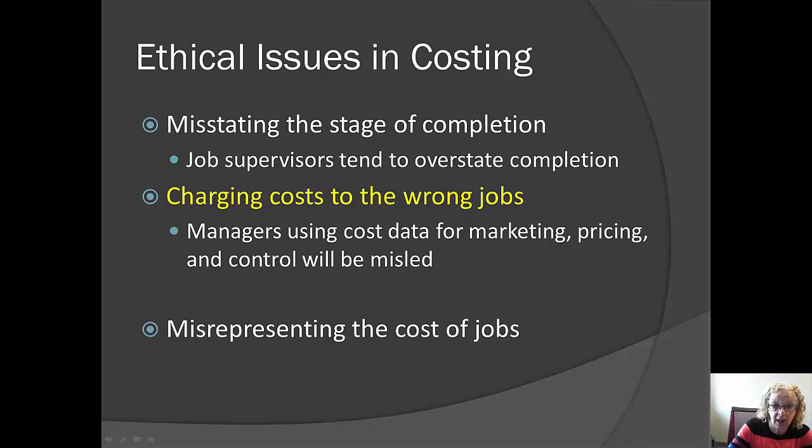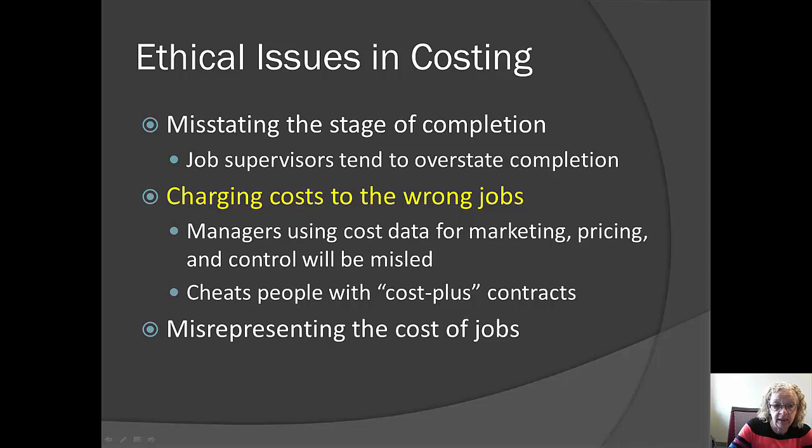So we want to try to decrease the chance to make this kind of error. In addition, if a customer has a cost plus contract, there's kind of an incentive for managers to overstate the cost of those contracts because the amount that the firm gets paid is based on the cost of the job.